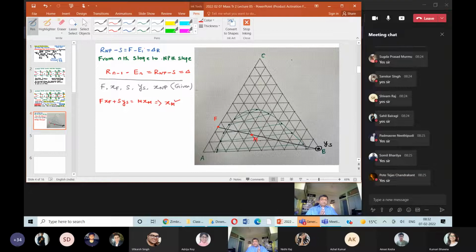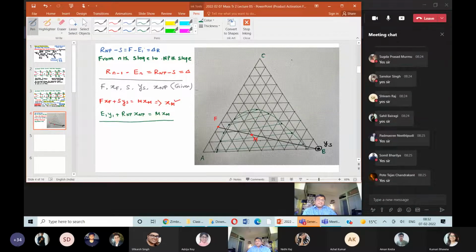Now, can anybody say what should we do? And this M X_M is also equal to E1 Y1 plus R_NP X_NP equal to M X_M.